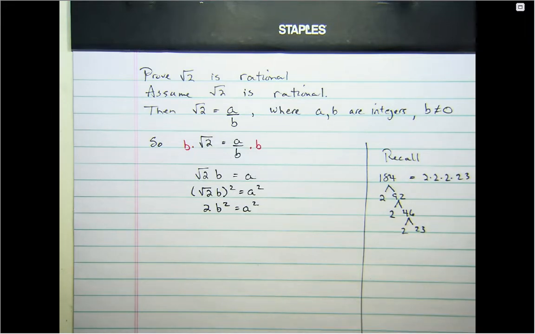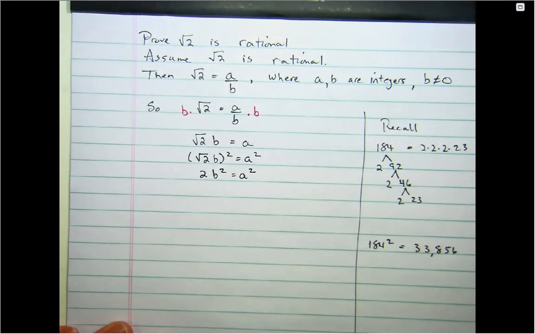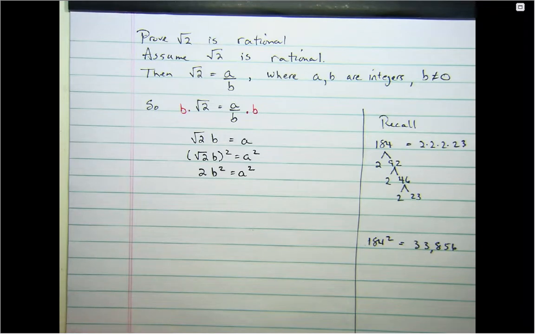Now if I take 184 squared, I get 33,856. And if I ask you to factor 33,856, you should be able to do that without having to write all the work down. We already did all the work, right? What would the 33,856 have for a prime factorization?